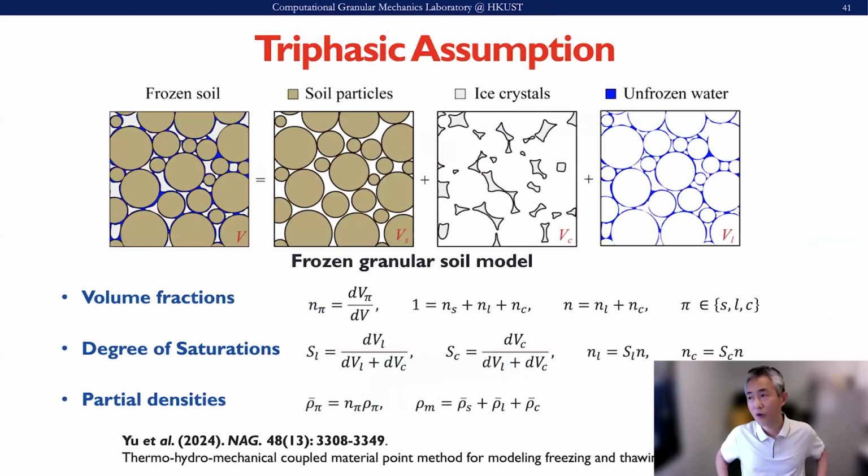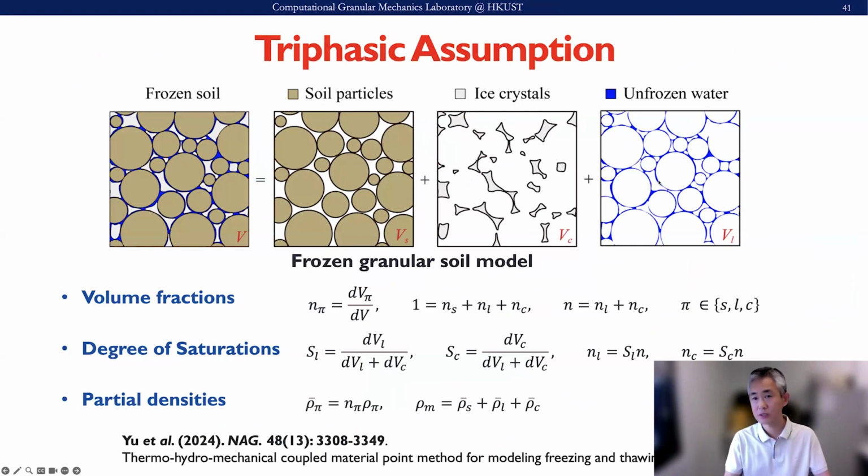But here, for either permafrost or methane hydrate bearing sediment, we consider a frozen soil, and it consists of soil particles and the ice or methane hydrate crystal bonded to the particles at the contacts or filling the pores here.